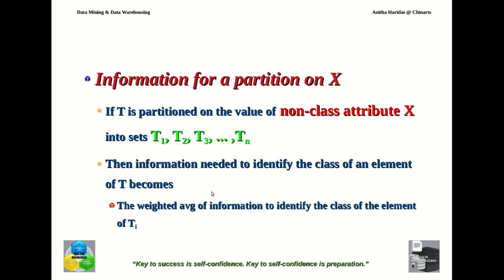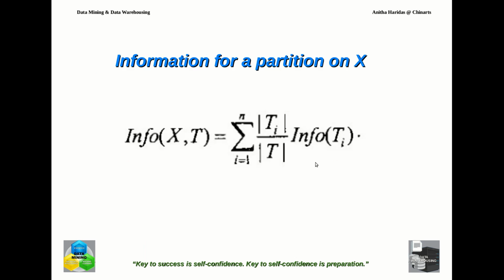Then we have also discussed how to calculate the information value or the entropy value for a partition on a non-class attribute X. That is, if the training set is partitioned on the value of non-class attribute X, then how do we calculate the info value?